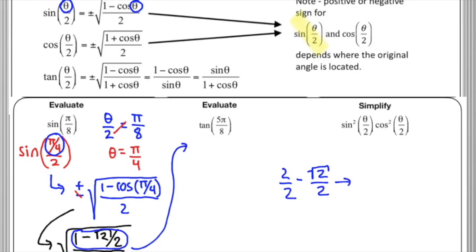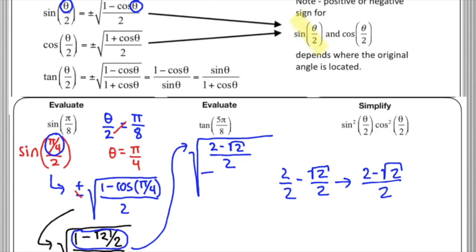And so that top is just going to be 2 minus root 2 over 2. Okay? So I end up with, again, some yuckiness, but that's part of the deal. So I got 2 minus the square root of 2 divided by 2 all over 2.